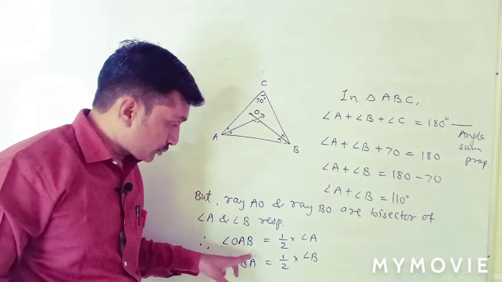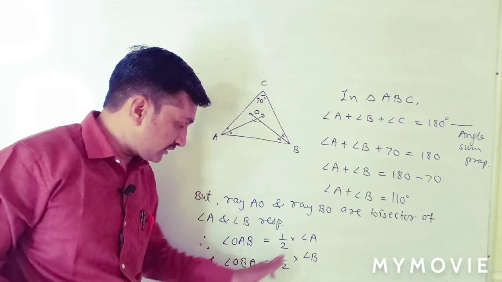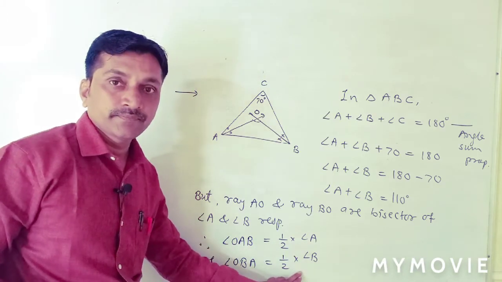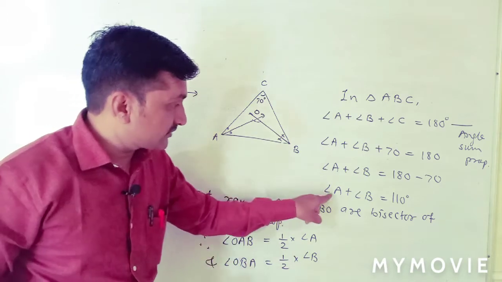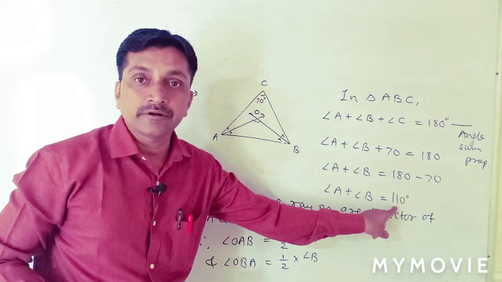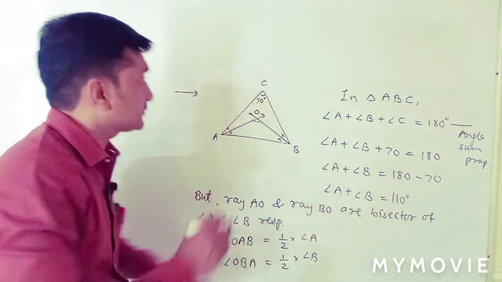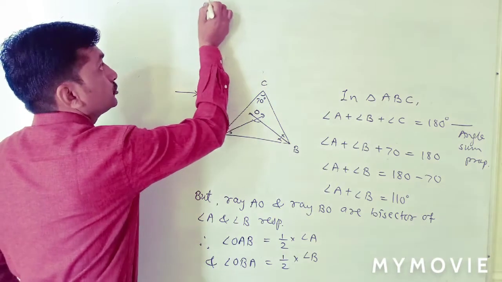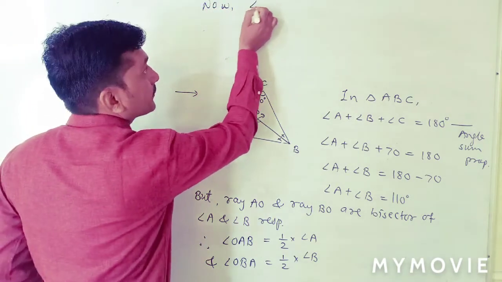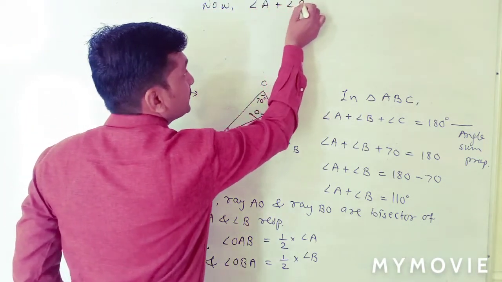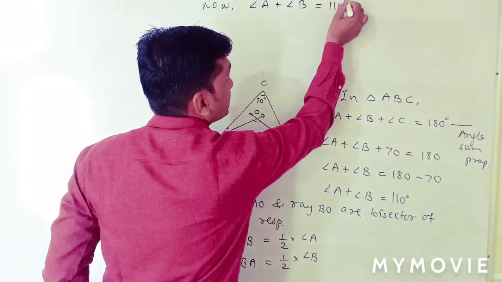Now we have OAB half of A, OBA half of B. Now here, A plus B is equal to 110. Now take half of this. I write again, angle A plus angle B is equal to 110 degrees.